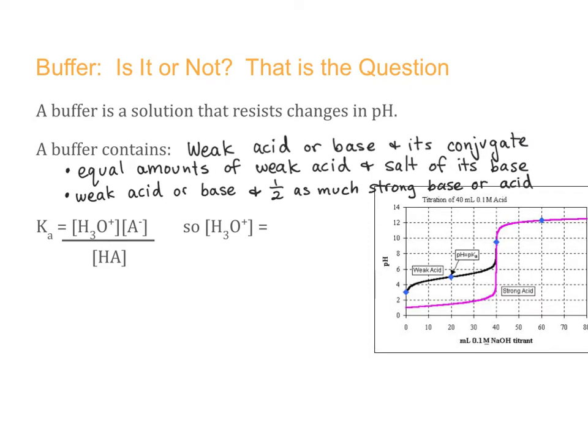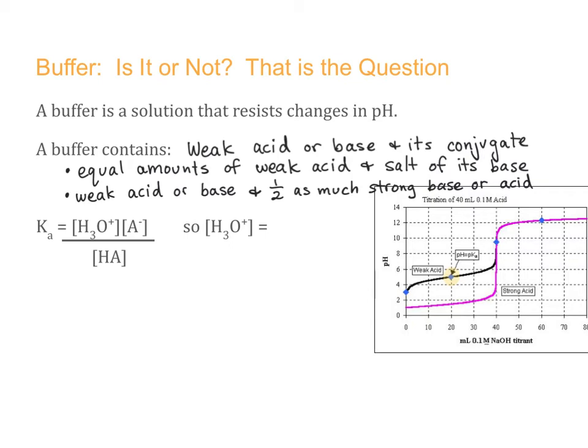Either of these two things will get you to the conditions of the half equivalence point. And it doesn't have to be exactly equal, it needs to be close to equal. So we're trying to get to this spot here on the titration curve where HA and A minus are equal. So it's really just a titration, but it's a specific spot on the titration curve.